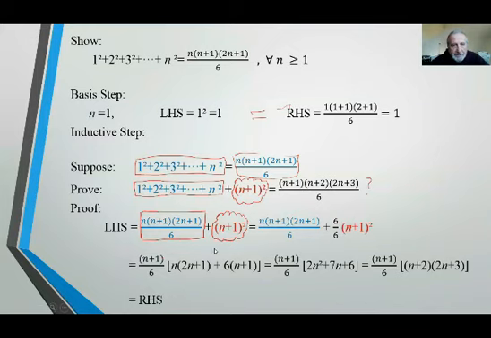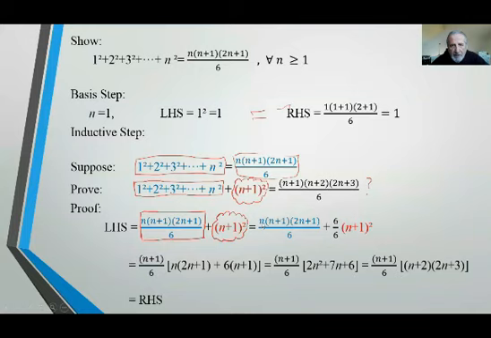Now do not expand this and this, because you end up having a third-degree algebraic equation. It will be very difficult to factorize. So what you need to do is try to see if there's a common factor. So I put here 6/6 to have the same denominator here. So you have (n plus 1)/6. (n plus 1)/6 is common.